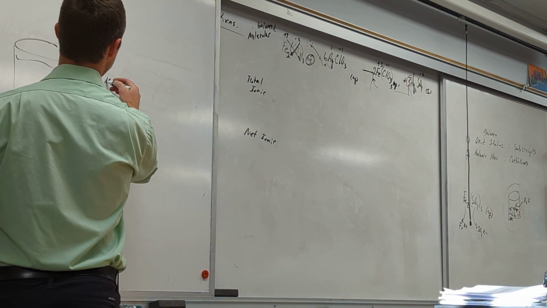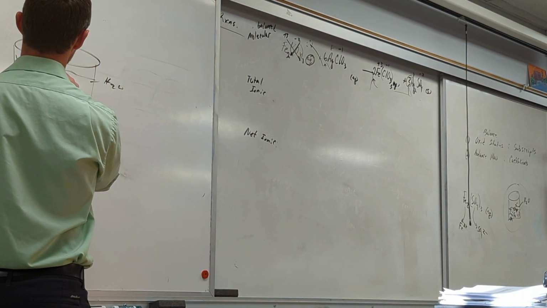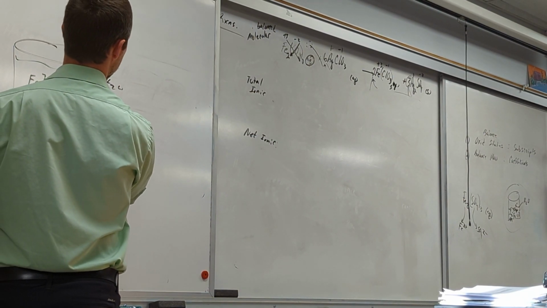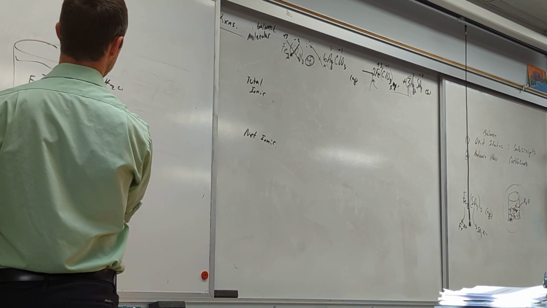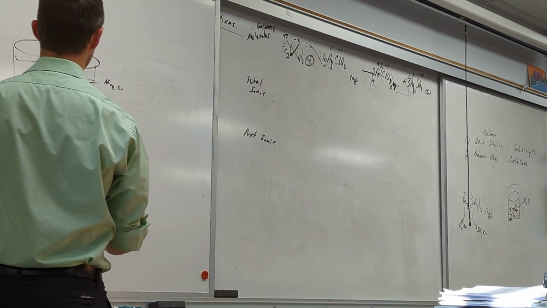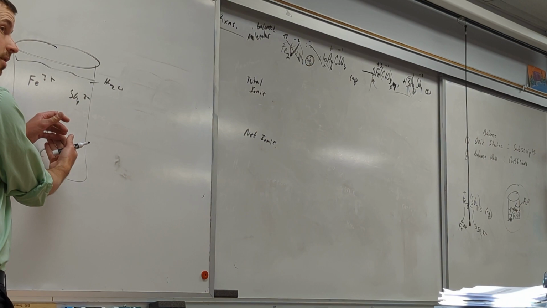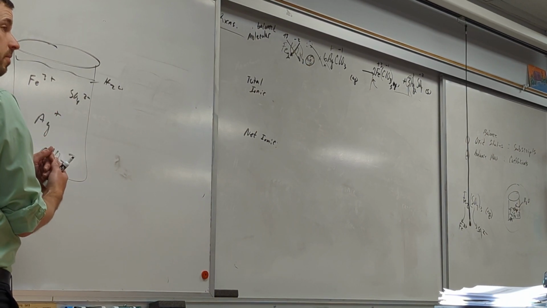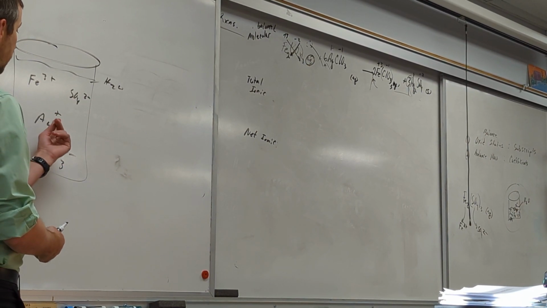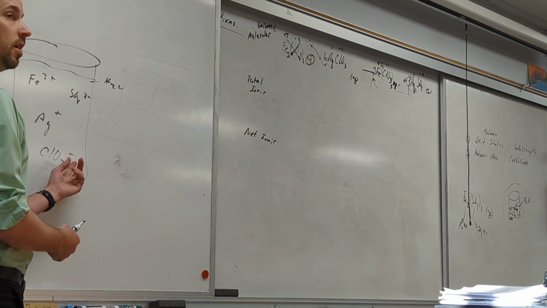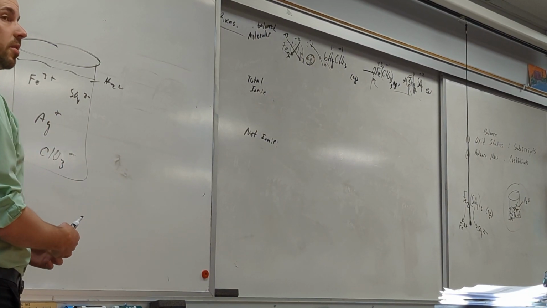So you have your water in there. At some point, will these two ions collide and interact? They will interact because they're opposite charges, and they will collide because they're in the same beaker together.